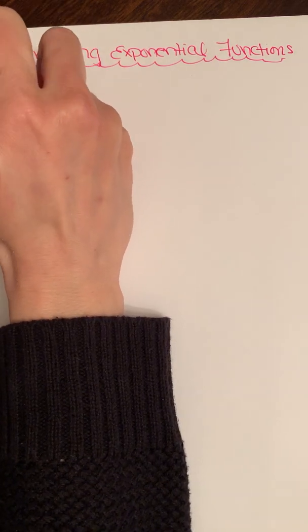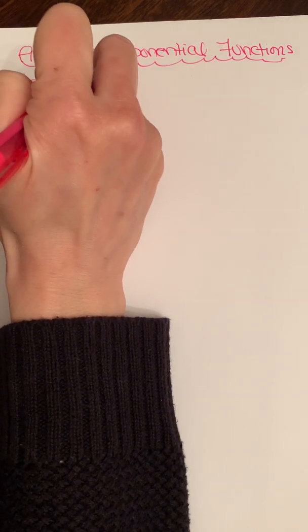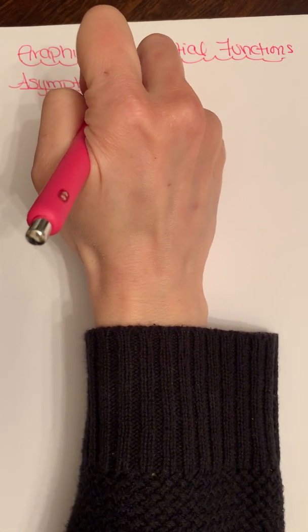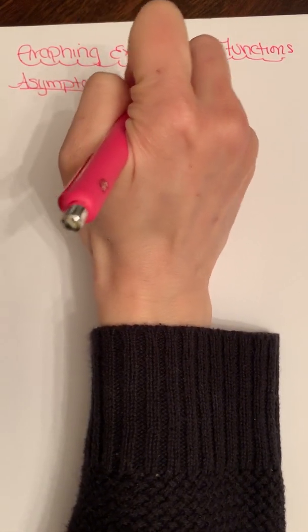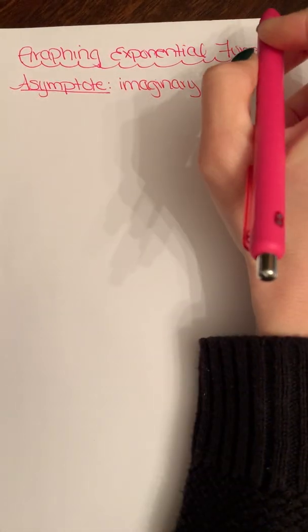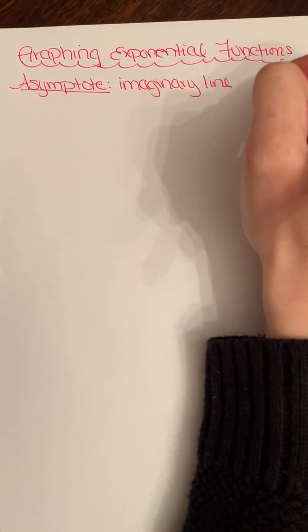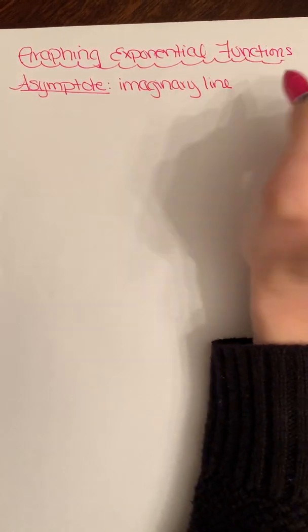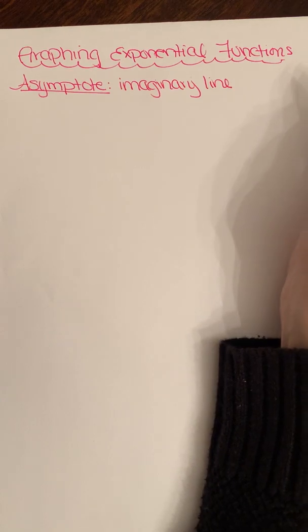So it's A-S-Y-M-P-T-O-T-E. Asymptote. An asymptote is an imaginary line. It's an imaginary horizontal line. It can be vertical, but we're going to be talking about horizontal lines.